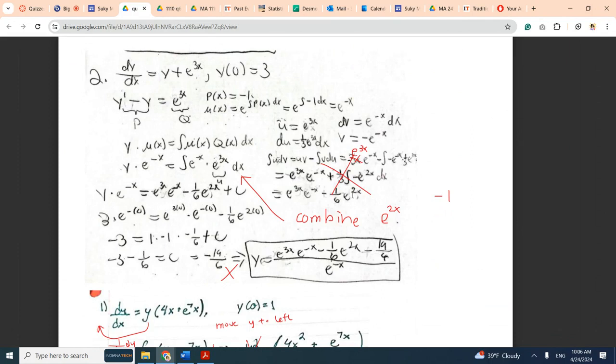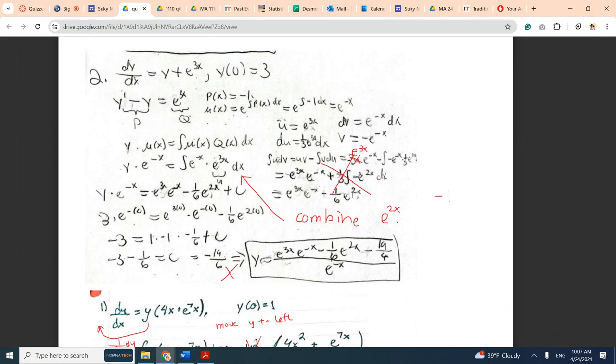So this is e to the 3x, and it's negative e to the 3x times e to the minus x. So it's negative e to the 2x. And then when you integrate that, you'll see this is e to the 2x over 2, and this is something times e to the 2x. When you combine them, you get the same answer as here.